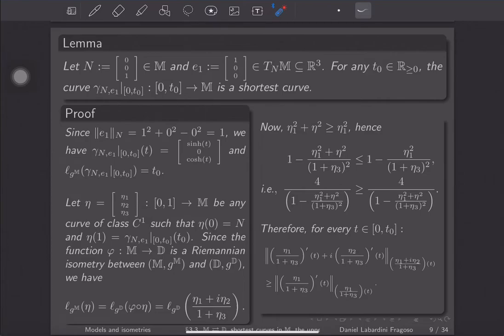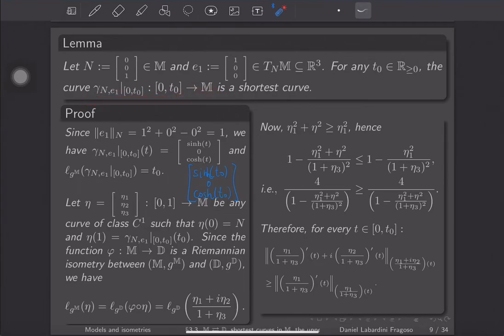And now I would like to show that any other curve going from n to the end point, hyperbolic sine of t0, 0, hyperbolic cosine of t0, has length greater or equal than t0, because I want to show that this is a shortest curve between its extremes.